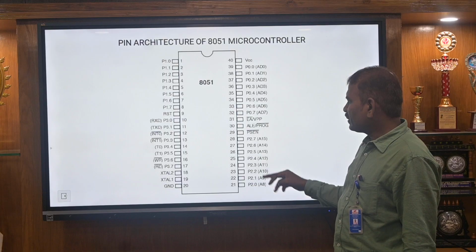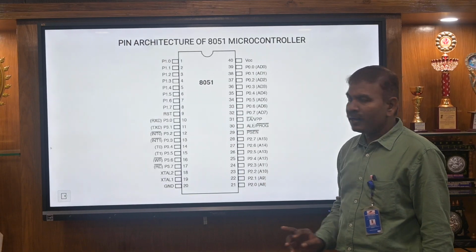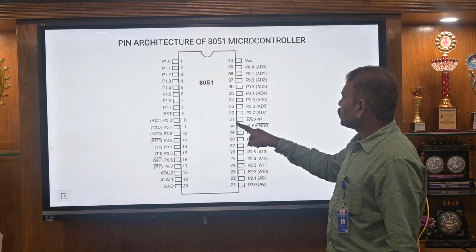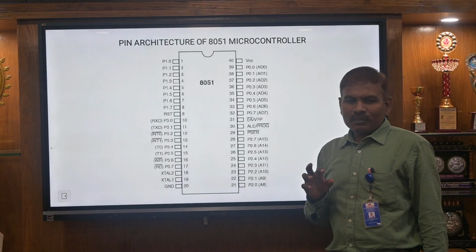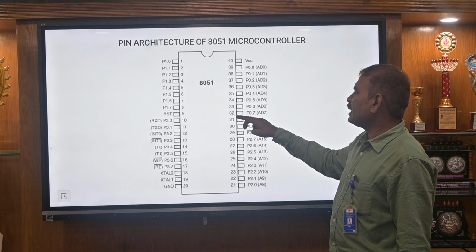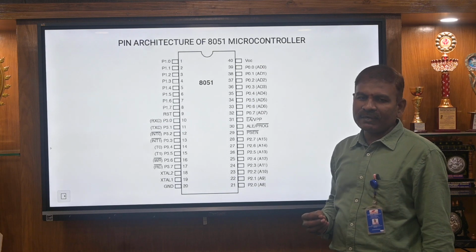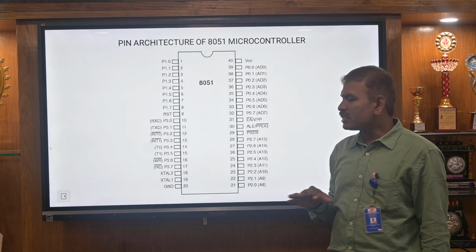Pins 21 to 28 are the higher order address buses, and then pins 32 to 39 are multiplexed address and data buses. So here 32 to 39 we are taking for lower order address and data buses.